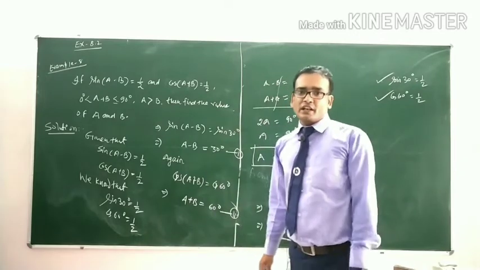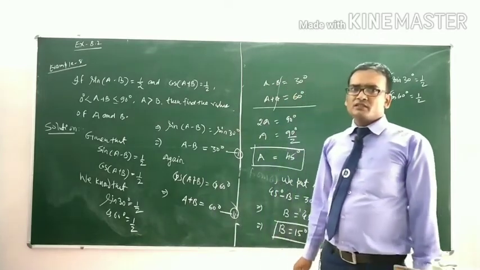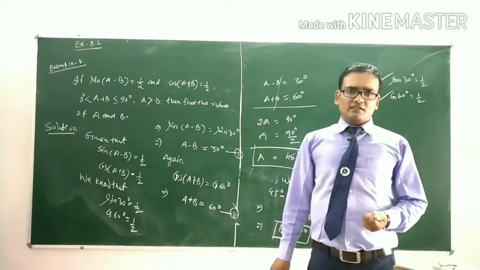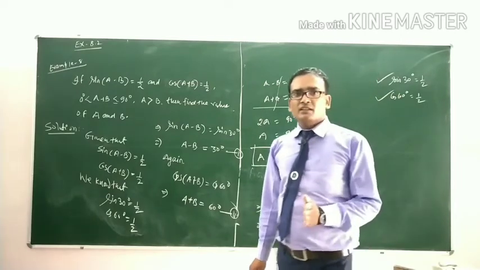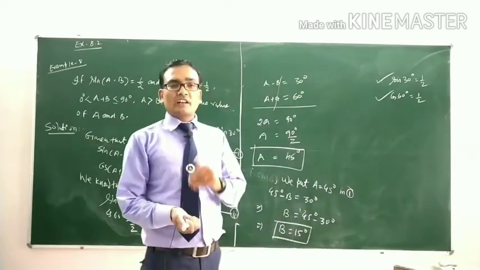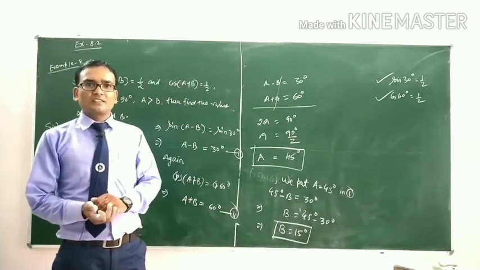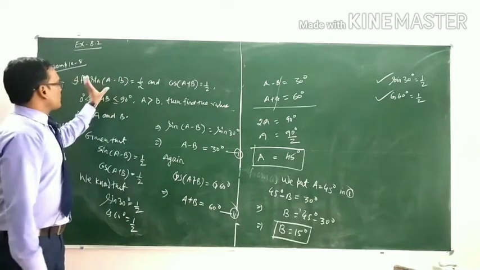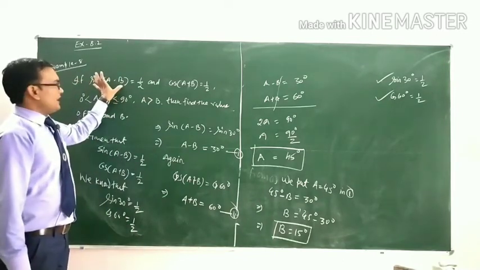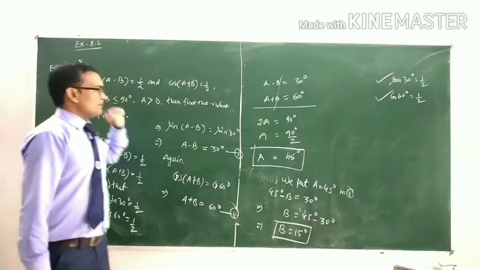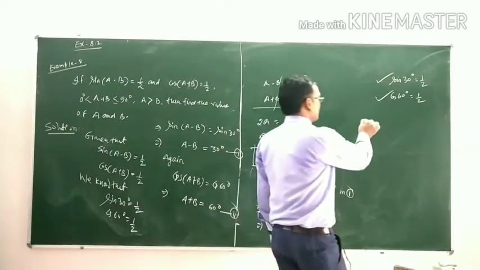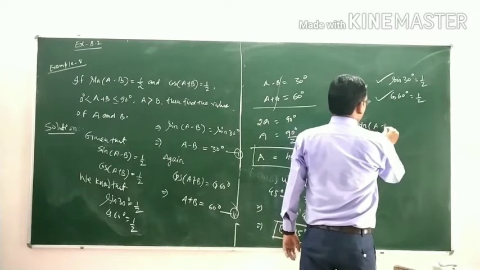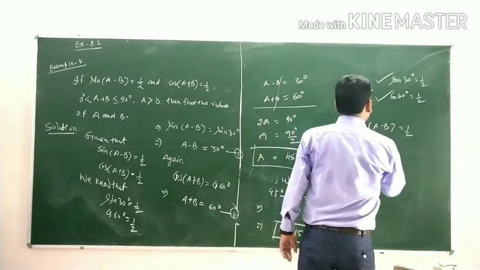This is your answer. Check whether these are right or wrong, whether the value of A and the value of B are correct or incorrect. Here we put the value of A and B in the left hand side. Sin A minus B equals 1 by 2.